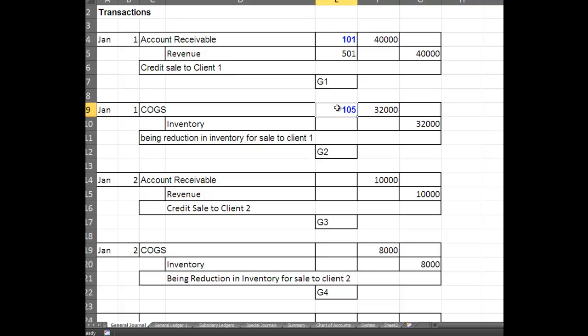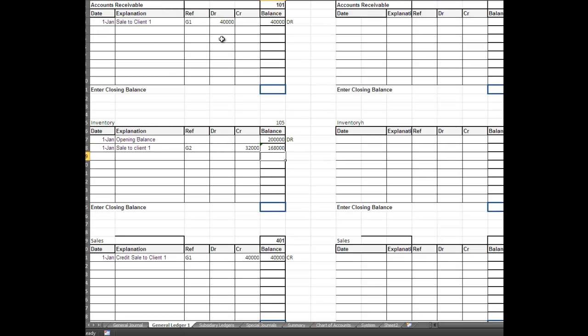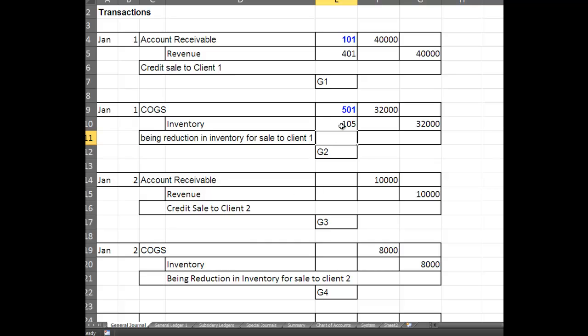No, COGS would have been, hold on, can't be right, check. This should be 401, inventory should be a 400 account. Cost of goods sold should be a 500 account, 501. Inventory 105. So what do these numbers mean? Well, I've written 101 in there to indicate that I've posted that item to account 101. In inventory I wrote in 105 to indicate that I'd posted it to account 105.